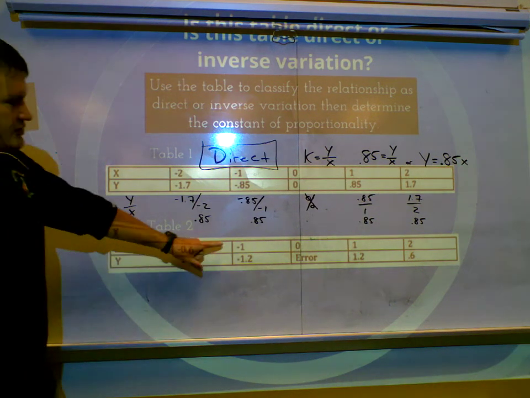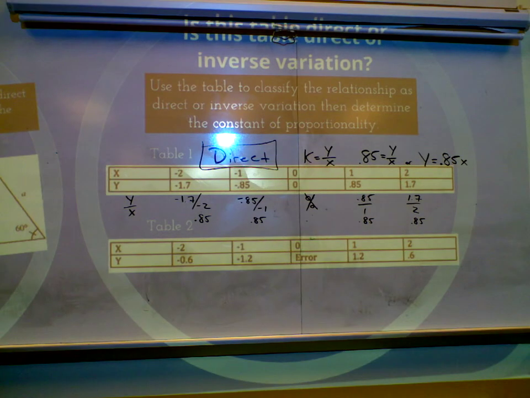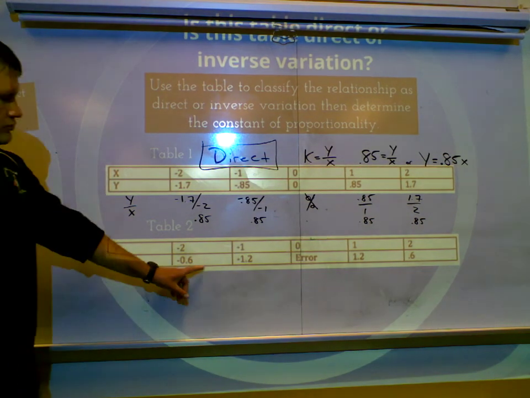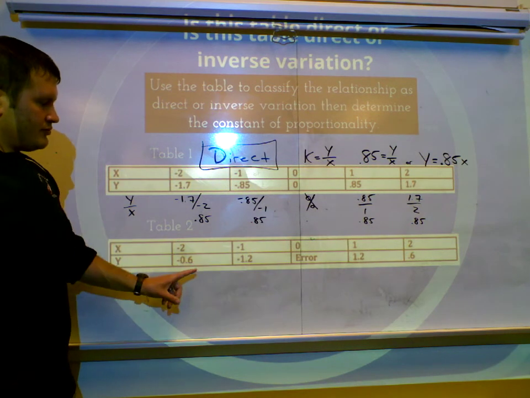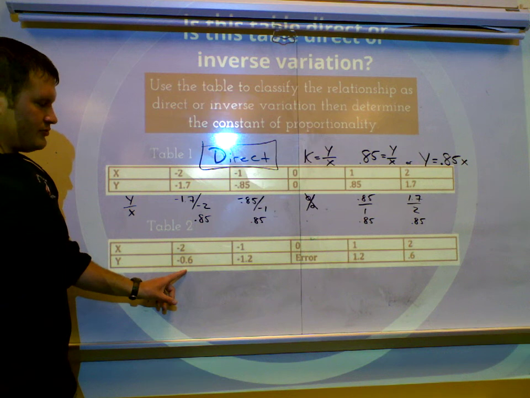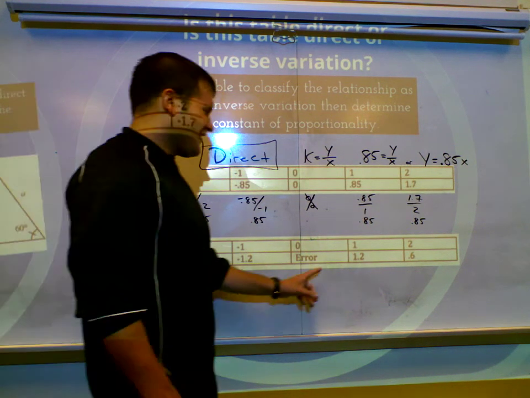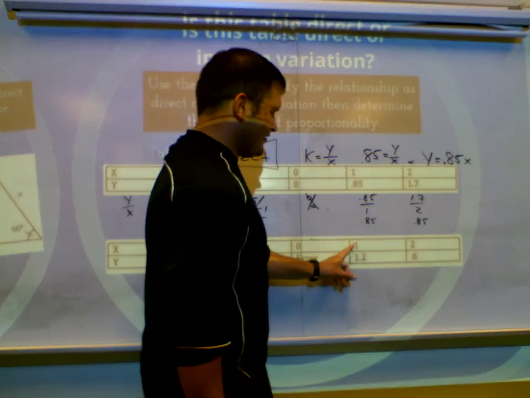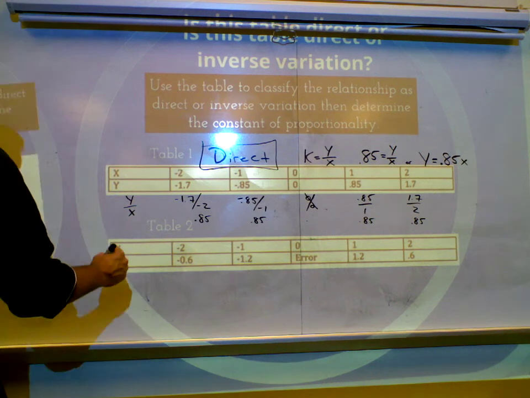Let's take a look at the next one. X is increasing or decreasing? Increasing. What's happening to y? Let's look here. Decreasing, right? So what do you think it is? Inverse.